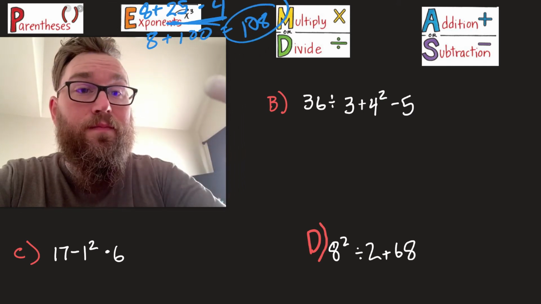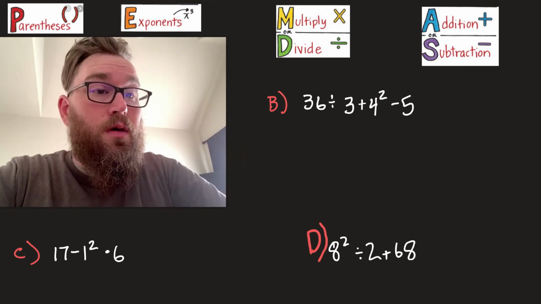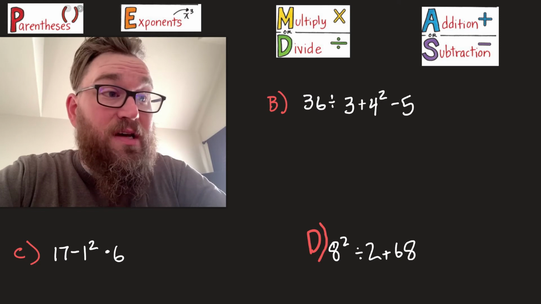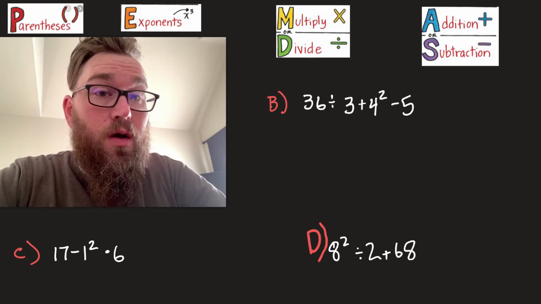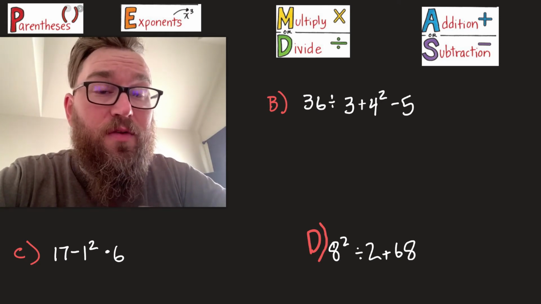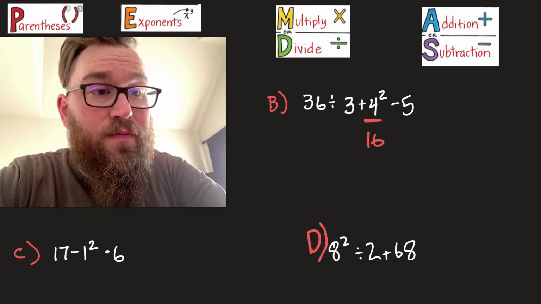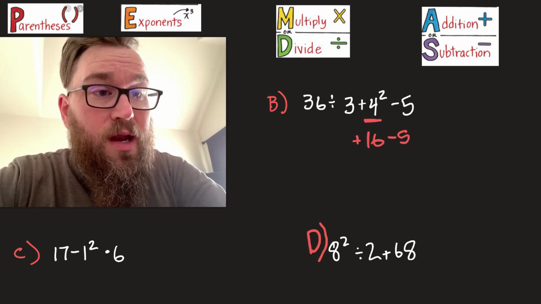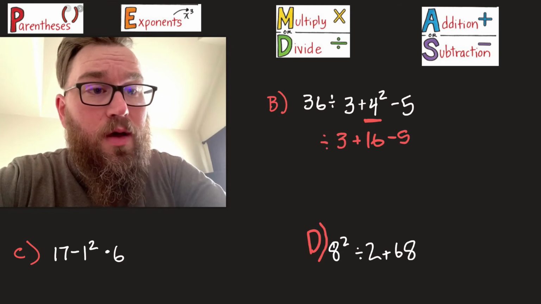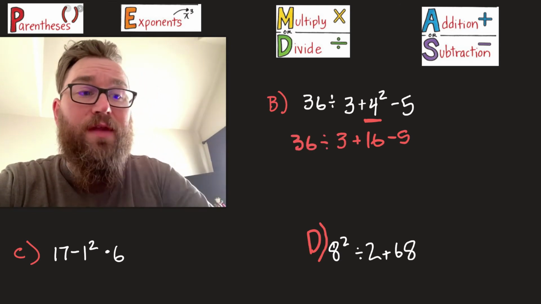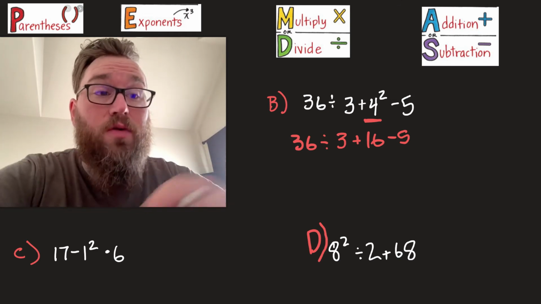All right, for B here, a lot more stuff. Still can do it. No parentheses. I look for the exponent. That's 4 times 4, which is 16. Bring down the rest. And as you do this problem and other problems like it, this step-by-step is necessary to show.